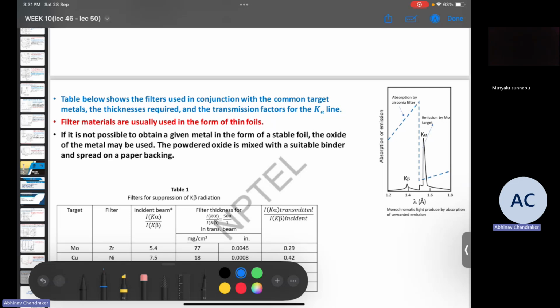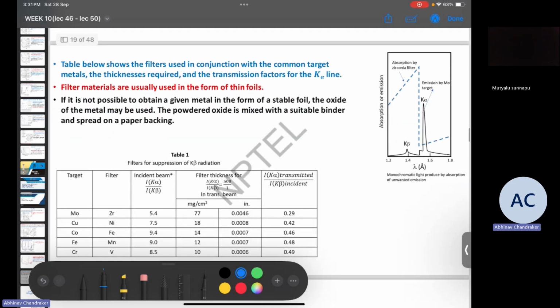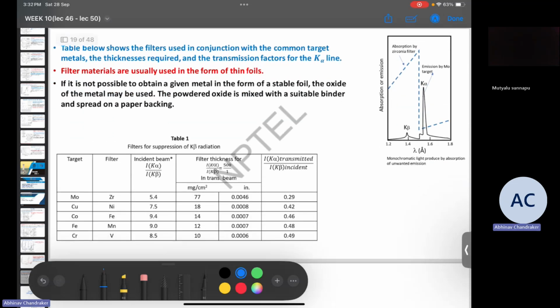That could be one use case. This is actually the way in which the generation of monochromatic X-rays happens, by using a suitable filter.